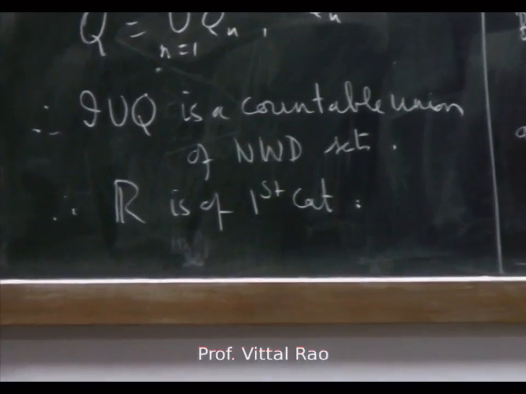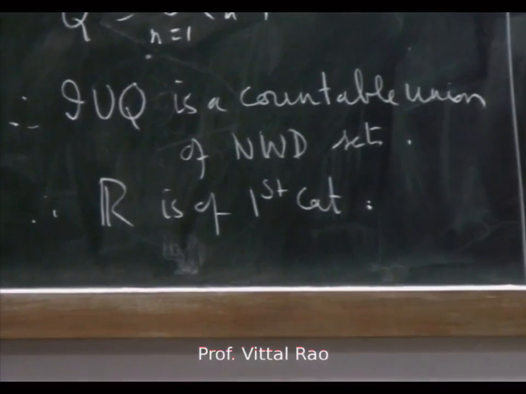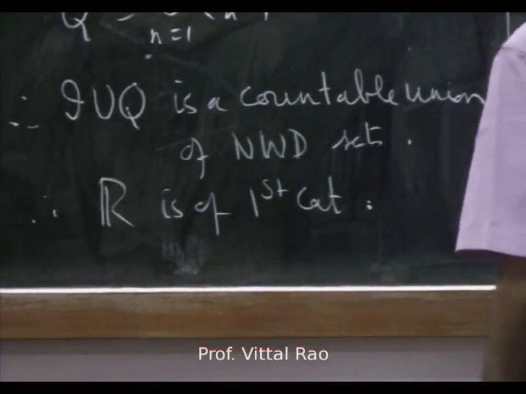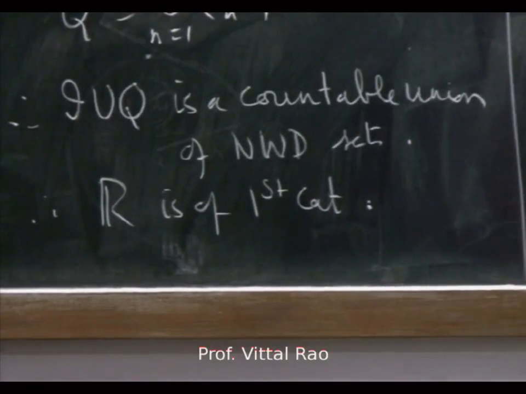And Baire put an end to it and said the real numbers cannot be of first category. In fact, he showed that no complete metric space can be of first category. Okay. So that's the famous Baire's category theorem, which has a phenomenal number of applications. One of the finest theorems in analysis, which has given rise to many useful theorems in analysis.